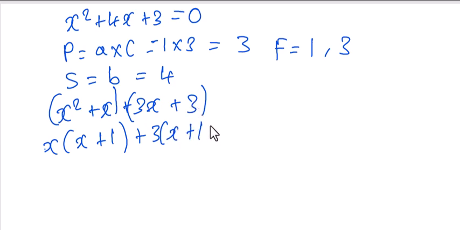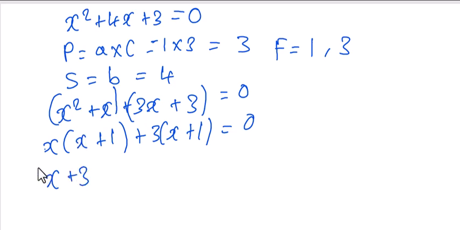So we have x plus 3 times x plus 1 is equals to 0.